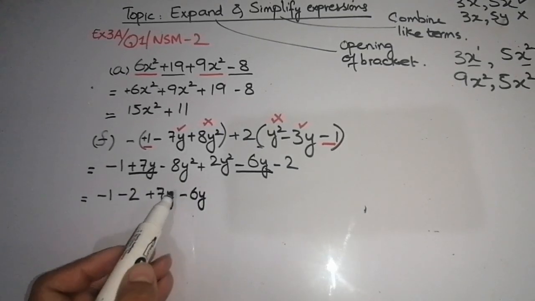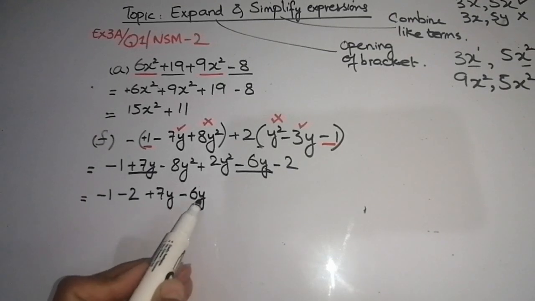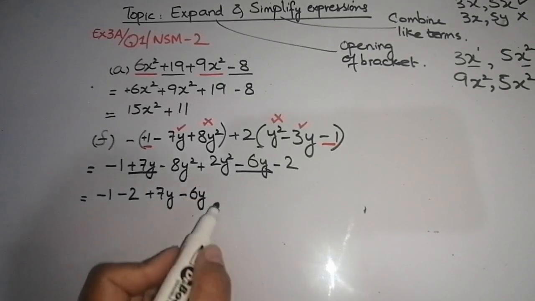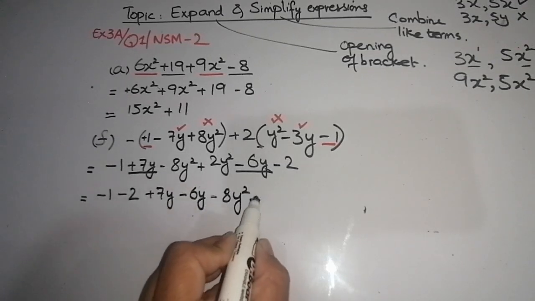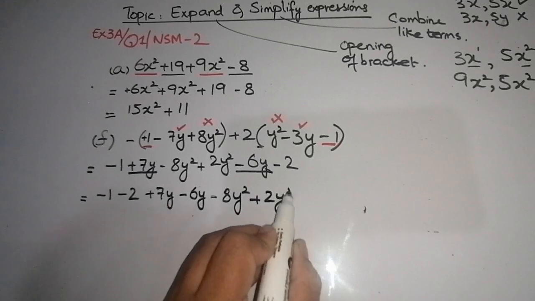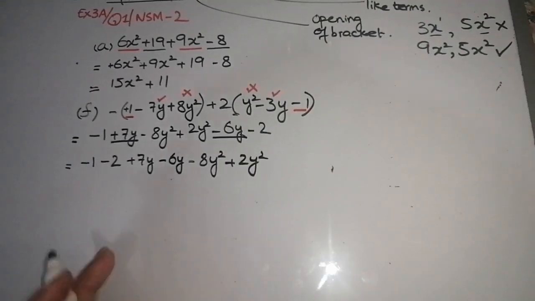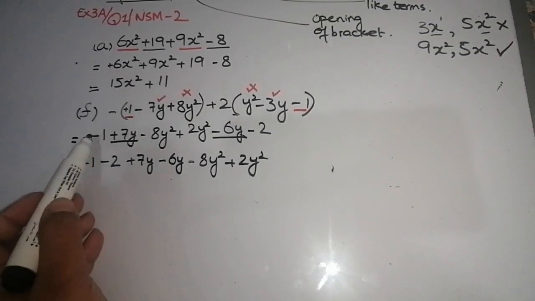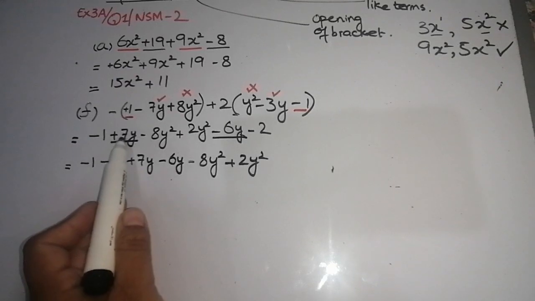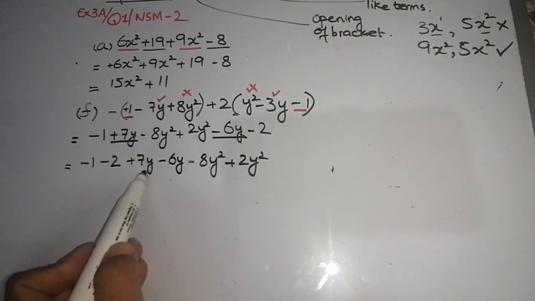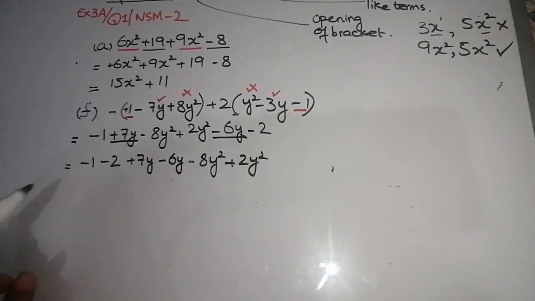This time we have 3 things inside one term: the sign, the coefficient, and the variable and its power. So minus 8y square, very carefully, don't ever change the sign. After writing, you can quickly check whether there was any mistake. This was minus 1, minus 2, so both are fine. Plus 7y, minus 6y, both are fine. Minus 8y square and plus 2y square, both are fine.